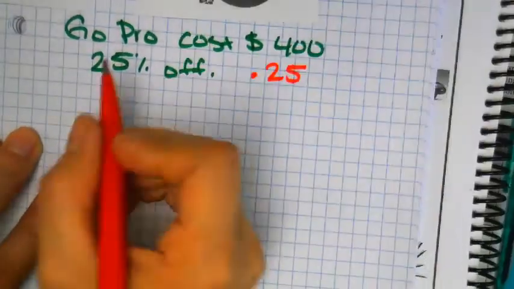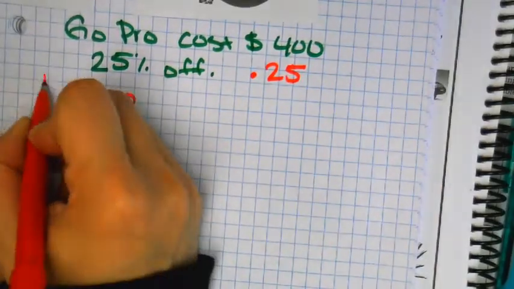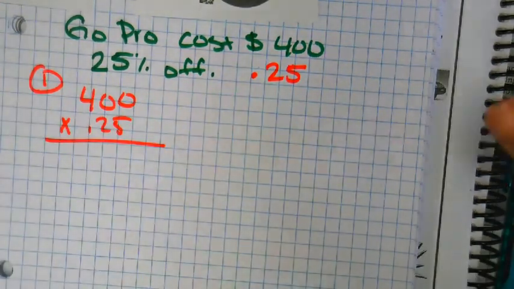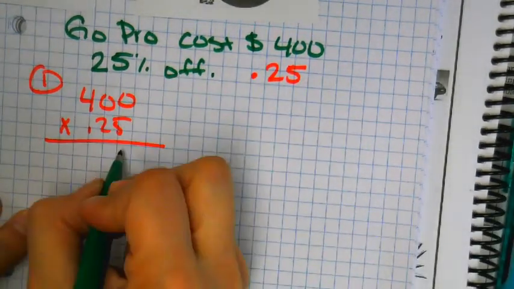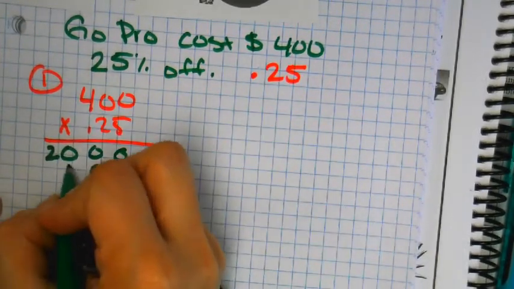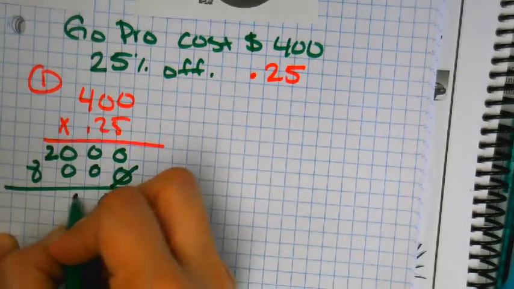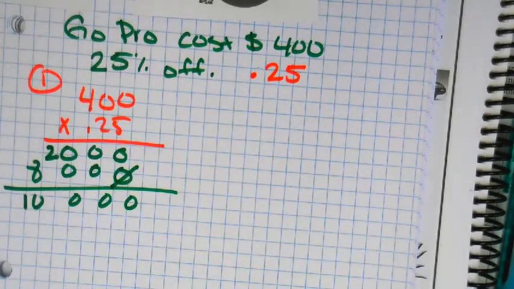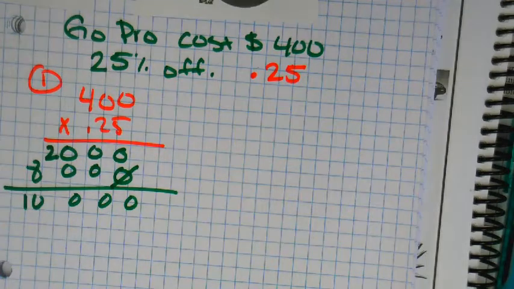So hopefully you wrote 400 times 0.25. I'm going to save $10,000. Does that make sense?